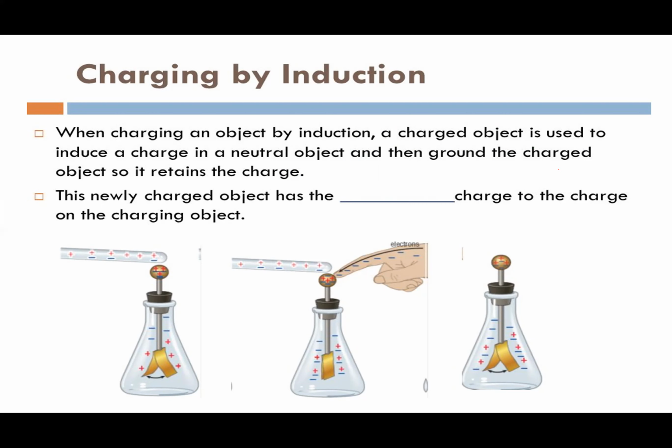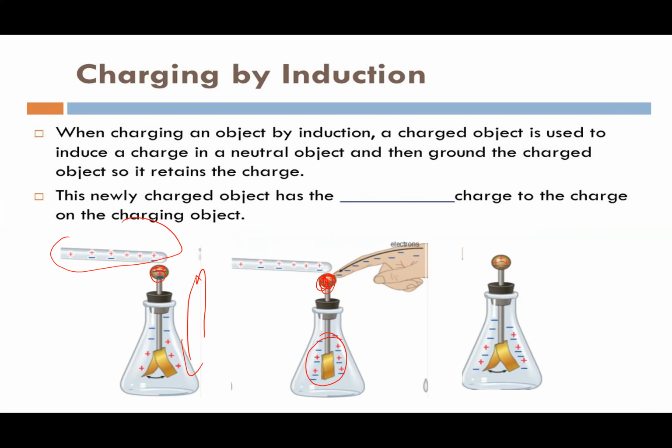For example, you bring a positive charged object near to the brass rod. It will repel the positive charges and will attract the negative charges. So negative charges will stay here, and here positive charges will be created.